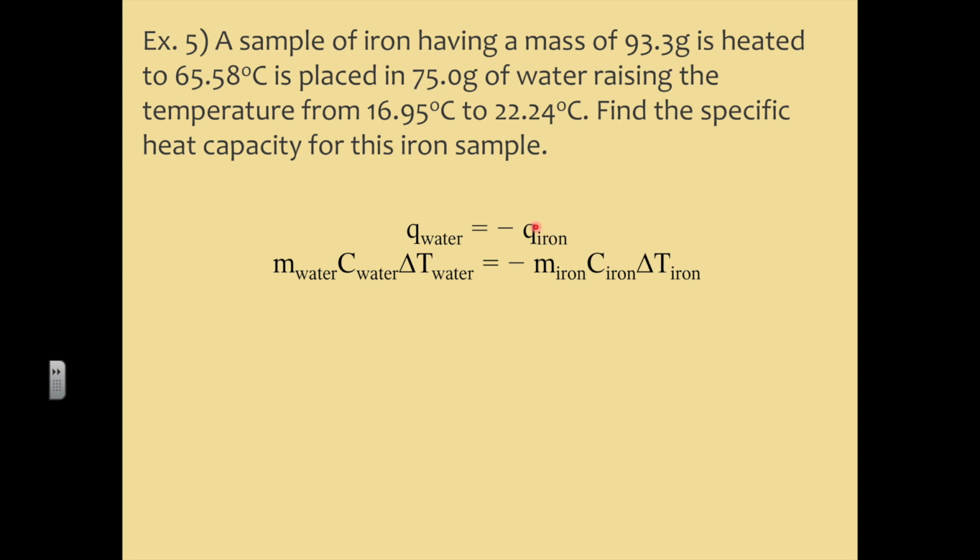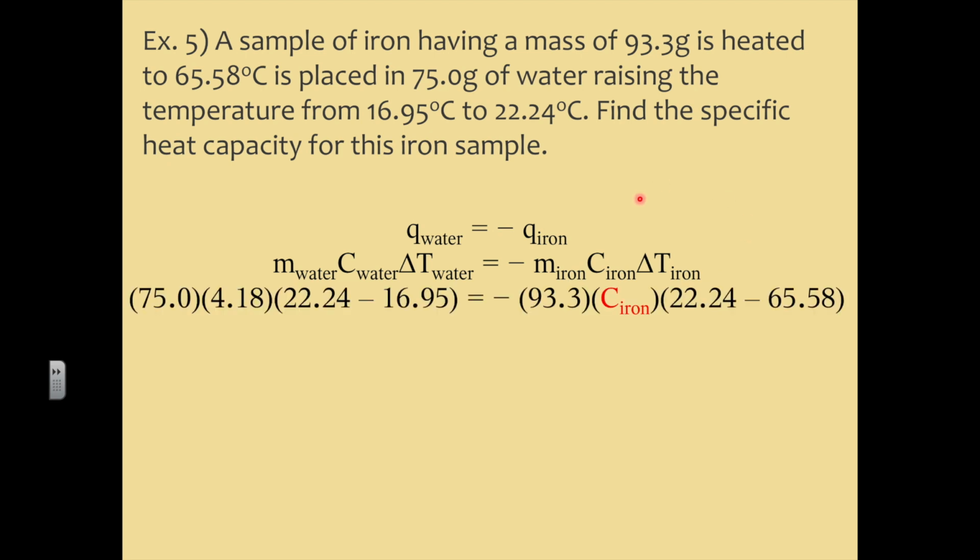Well, we know that Q is mcΔT, so we're going to substitute mcΔT for Q. So now we have all of our values here: the mass of water, specific heat of water, change in temperature of water, the mass of iron, the specific heat of iron, and the change in temperature of iron. We'll glean all this information and put it into our sample right here.